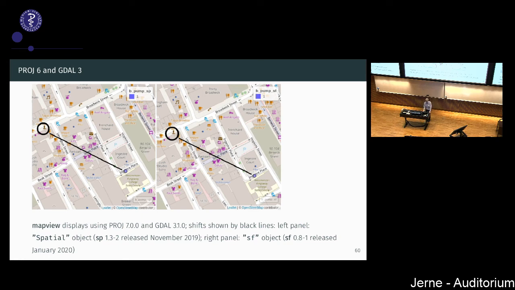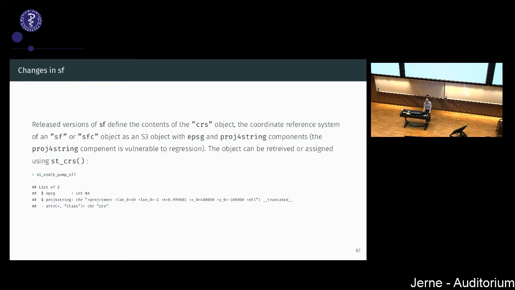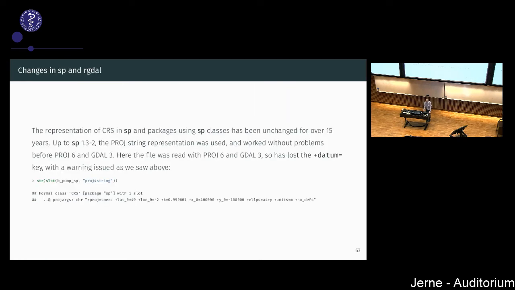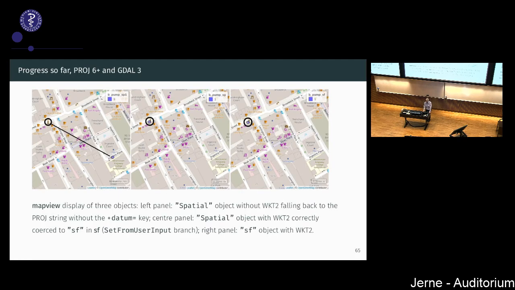Since we realized that this was happening, which we realized during last summer, we hadn't thought it was going to happen, and it did happen. Edzer and I have been scrambling violently to get things sorted out, so that if we do not use the new modern text representation of the coordinate reference system, with sp we still get the displacement.